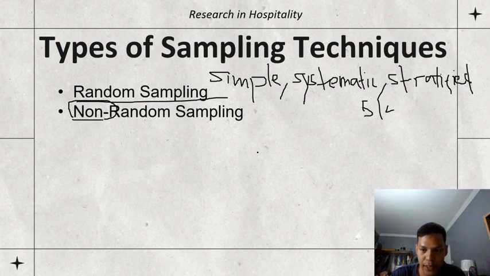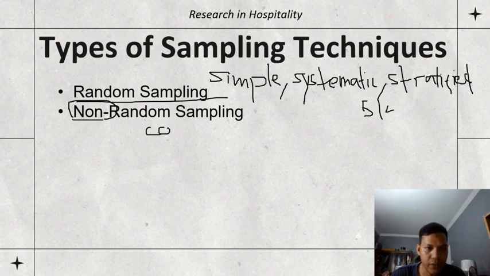Again, I will not discuss each one of these non-random sampling types. I give you an assignment to search in Google and find out the differences among simple, systematic, stratified random sampling and other non-random sampling like convenience sampling, purposive sampling, quota sampling, and snowball sampling. You need to search this in Google and you need to use the right term for your study. Okay?